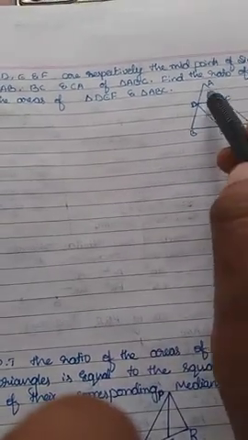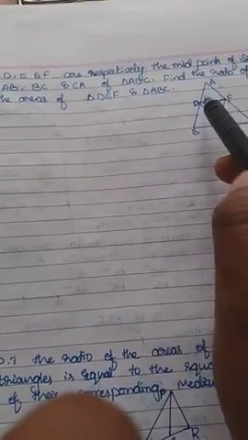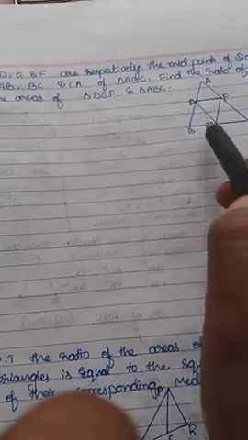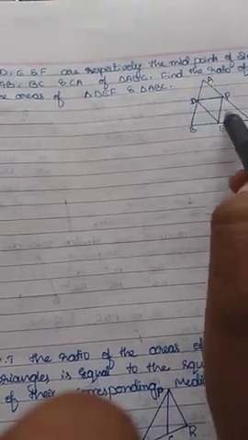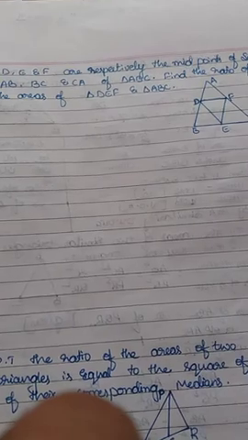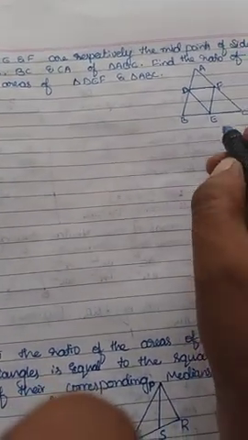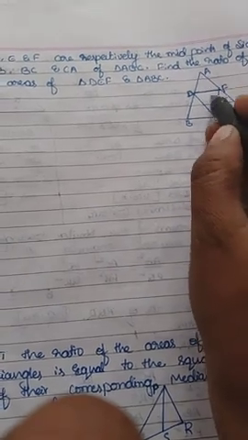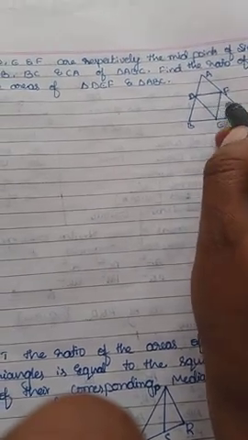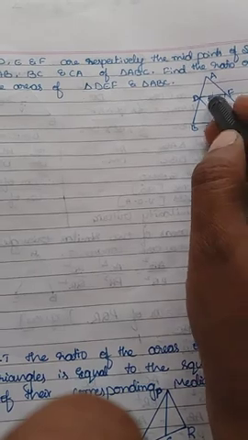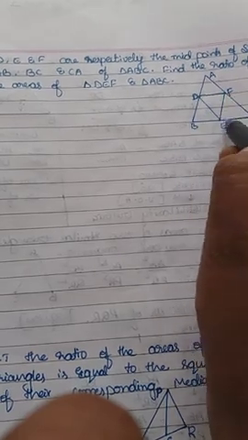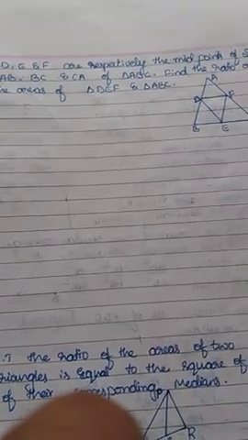We want to find the ratio of the area of triangle DEF divided by the area of triangle ABC. First, we don't know the sides or anything else, so we have to get to know the area of triangle DEF first.